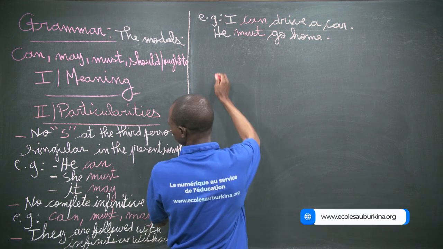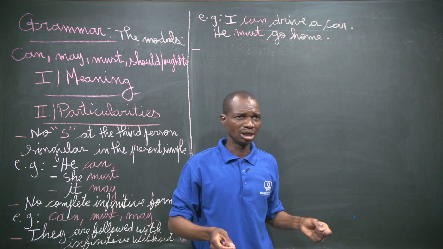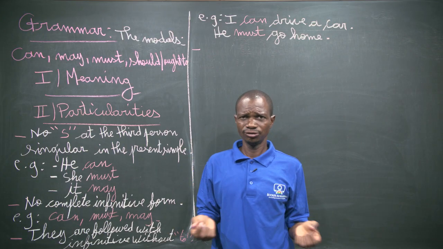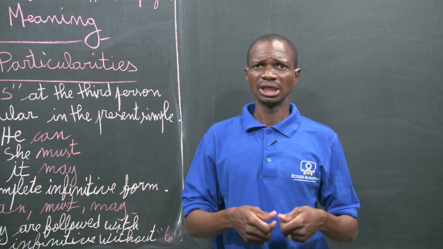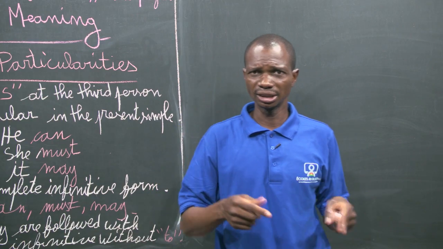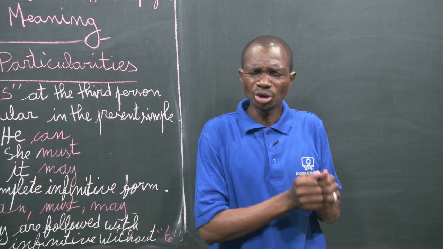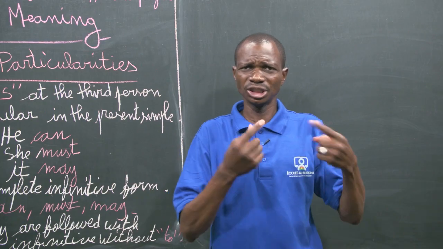And also the fourth particularity of the modals: we cannot have the gerund form. If we take ordinary verbs, dance, the gerund form is dancing, eat, eating, drink, drinking, play, playing, write, writing. But with the modal auxiliary, it's not possible. They don't have the gerund form.